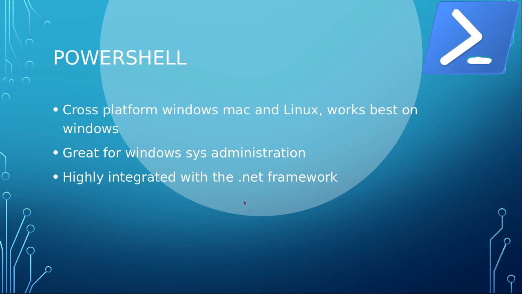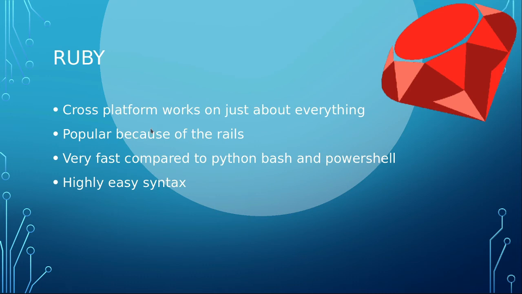And then finally, moving on to our last language, and it's Ruby. Again, like Python, this thing works on just about anything. It's a very versatile language in terms of that, and it's open source.